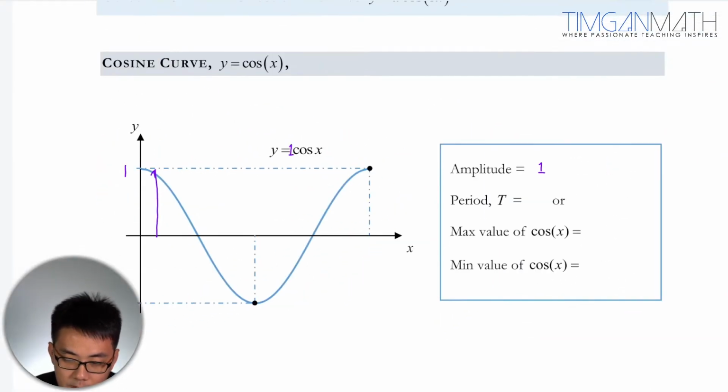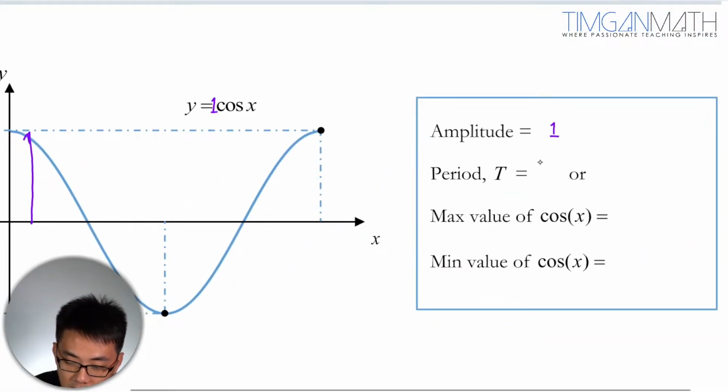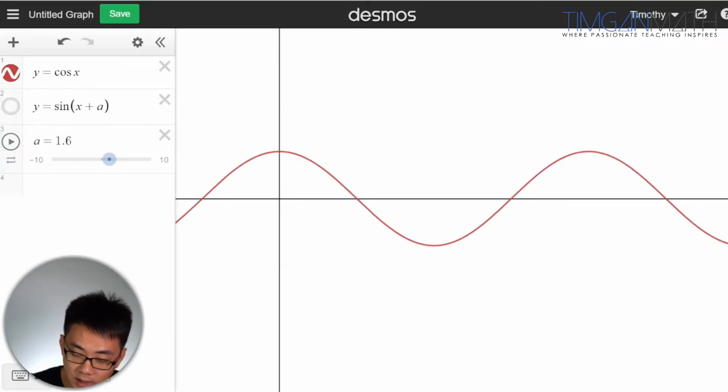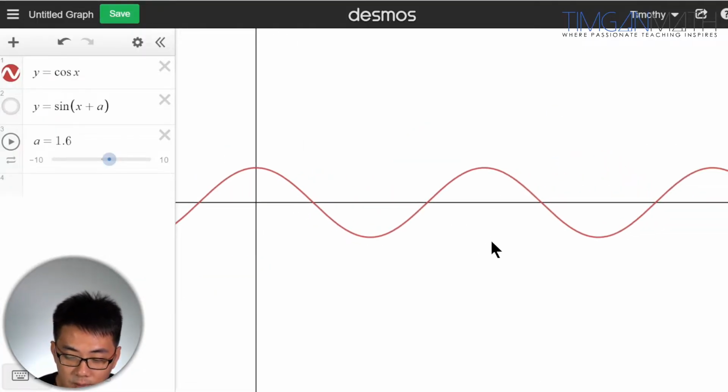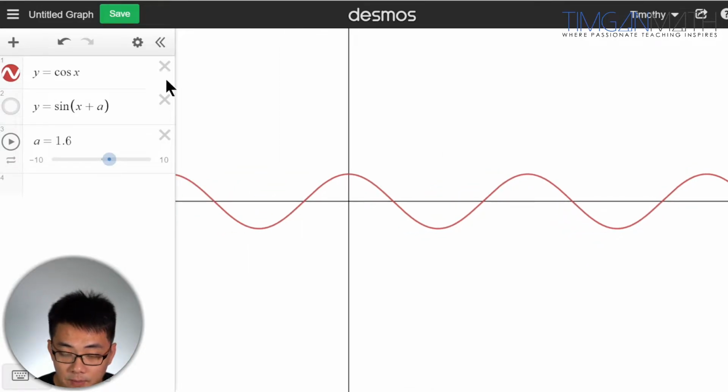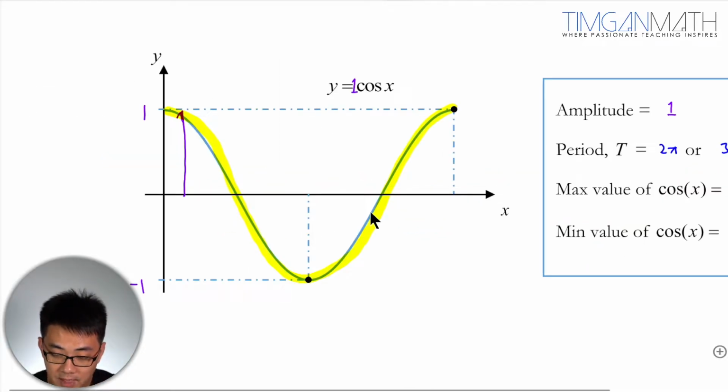The period is 2 pi over 1, so 2 pi here, or 360 degrees. So it's very similar. The period is just like the sine curve. This is one period, 4 quadrants, because it repeats every one period. So this is one period here, then this is the same period here.